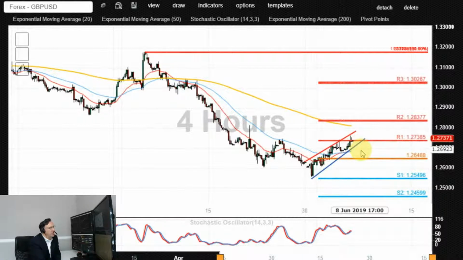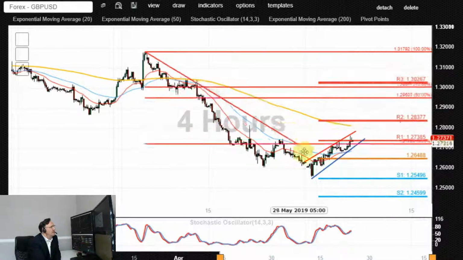Alternatively, either a shallow pullback and a breakout, or a breakout and the end of day close above this current significant resistance at 128.37 could negate the bearish intraday outlook, potentially targeting additional upside resistances initially towards these fib retracements.